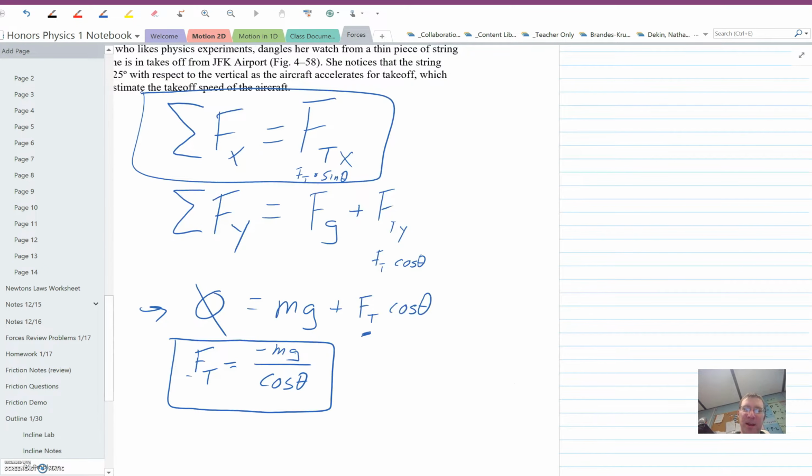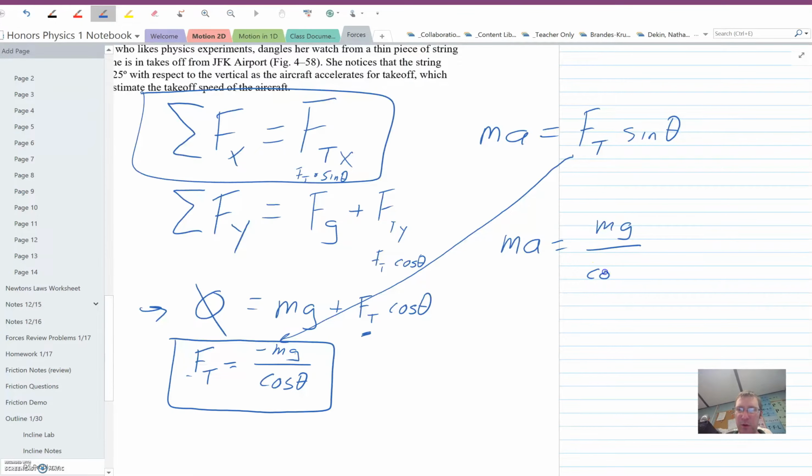So now my net force is going to cause my mass to accelerate, and I know that it's tension times the sine of the angle, but I've also solved for tension down here. So I can just say my mass will accelerate. Again, that's what a net force does.